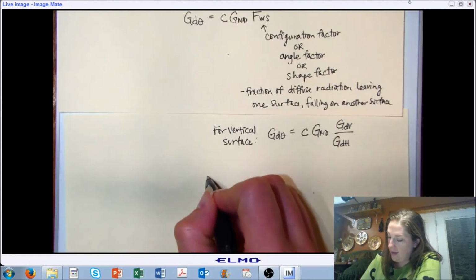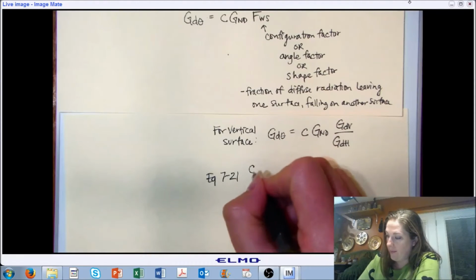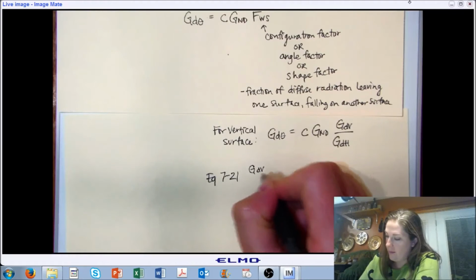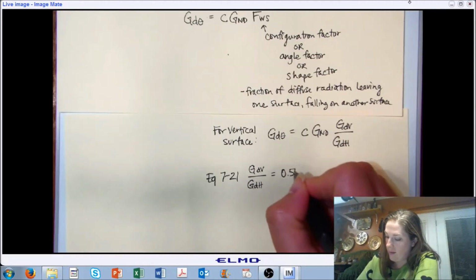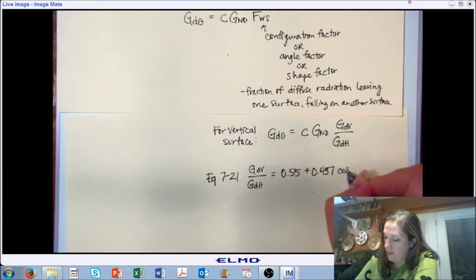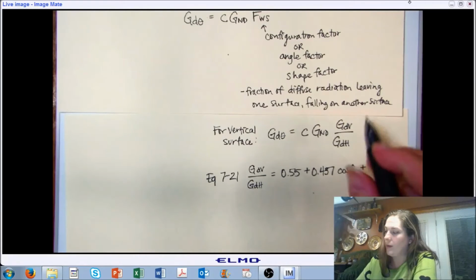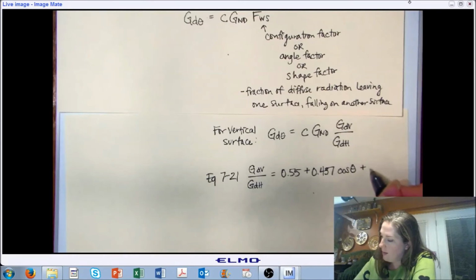But there is an equation, because it seems like we just went in a circle right there. Equation 7.21 in your book gives the predictive relationship for solving for this ratio. 0.437 plus 0.313.